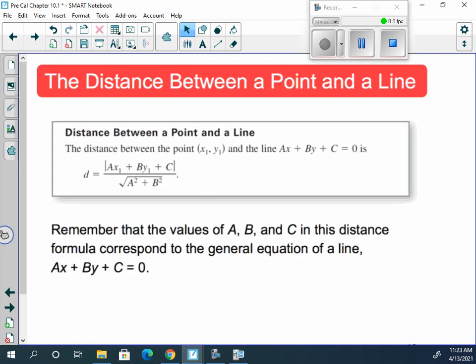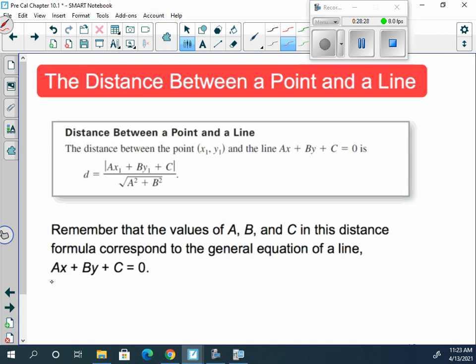It works out that the distance between a point x1, y1 and the line ax plus by plus c equals 0 is d equals the absolute value of ax1 plus by1 plus c all over the square root of a squared plus b squared.